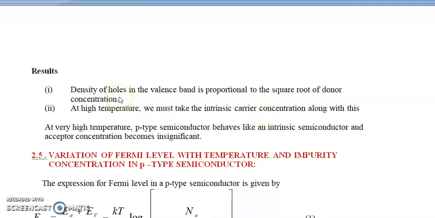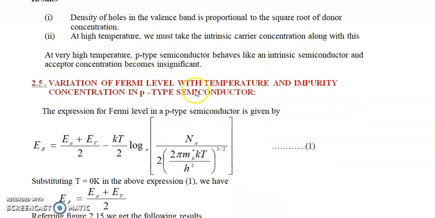At low temperature, the hole density is proportional to the square root of the acceptor concentration. At high temperature, in addition to the acceptor concentration, we need to include thermally generated electron-hole pairs.